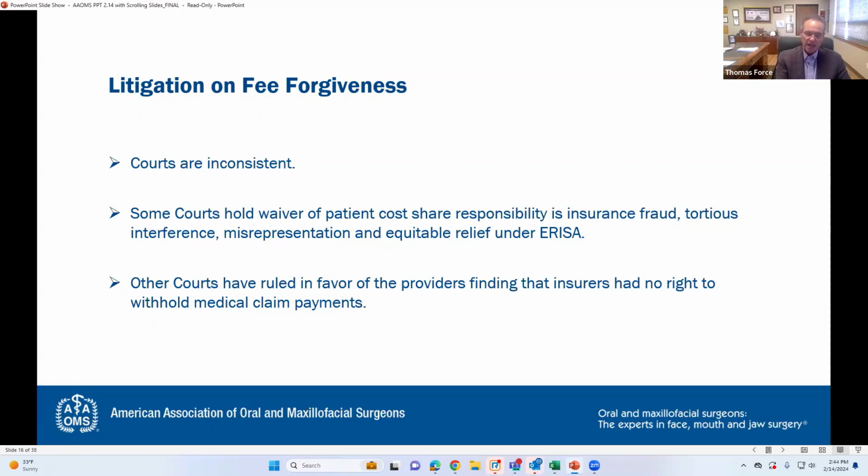And sometimes they say that the insurance company can't withhold payments and they have to pay the claims that they're withholding, and they're not entitled to a refund. It's kind of a crapshoot. So it depends on where you are, what court you are, and the cases in your jurisdiction, unfortunately. But we're going to cover some of these.